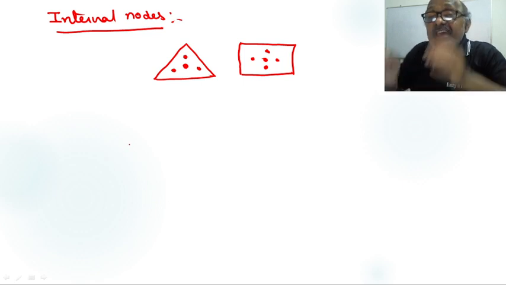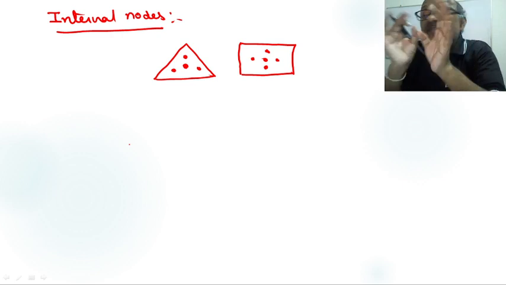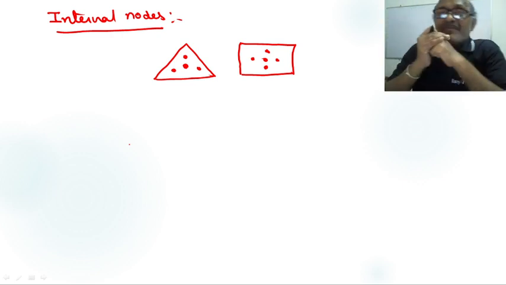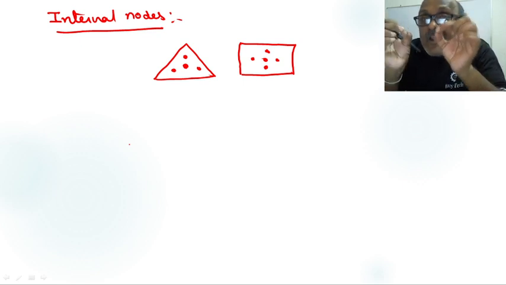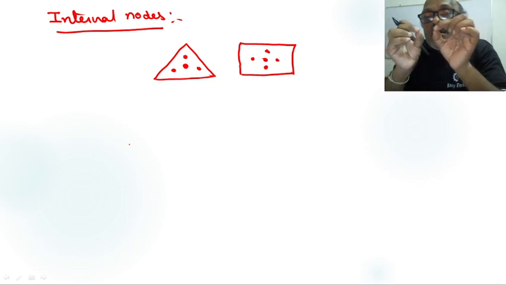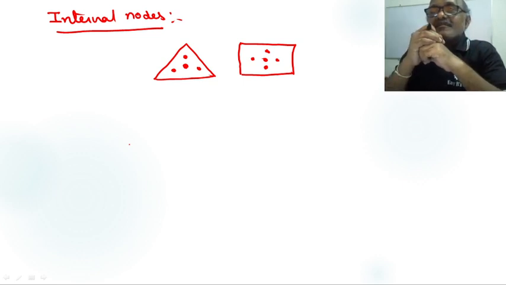These nodes belong only to this element. These nodes are not common to other elements, my dear students. These nodes are specific to a particular element.